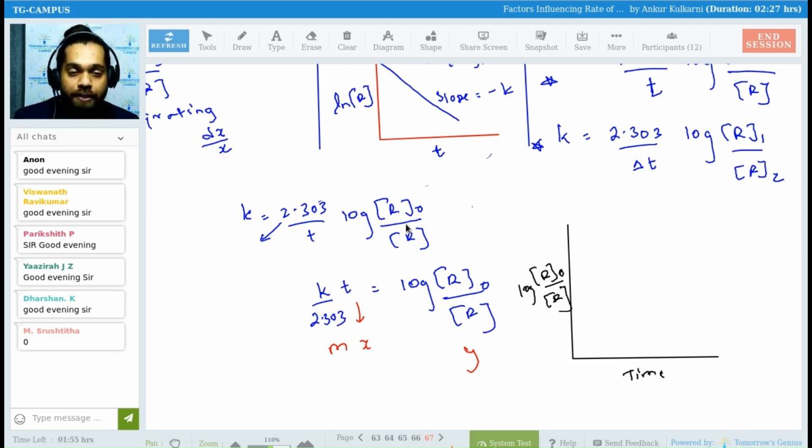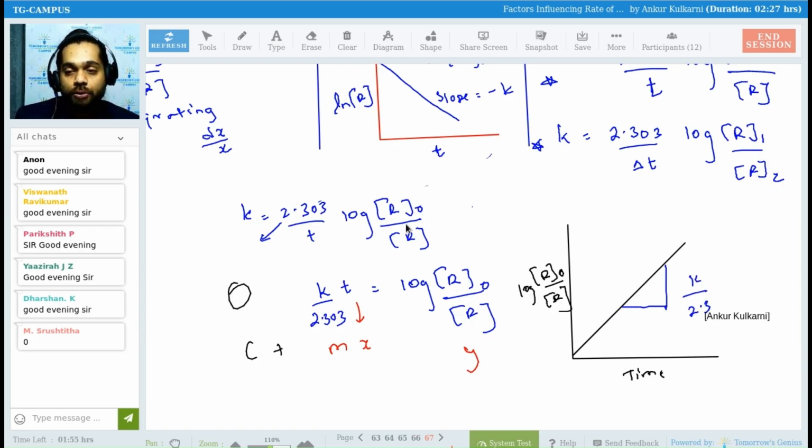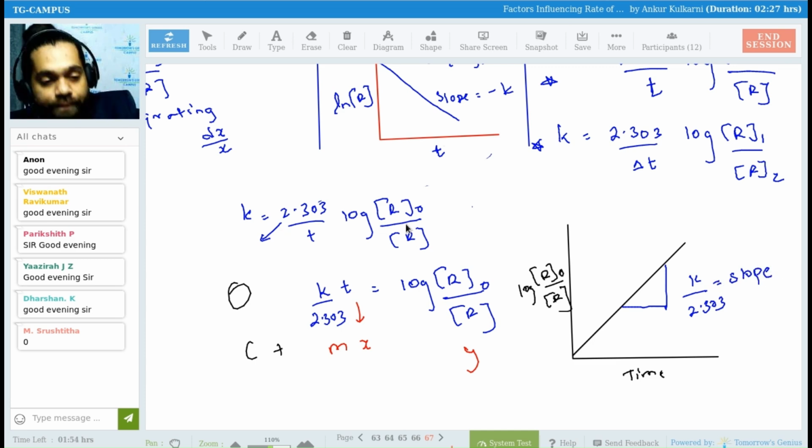You do not have any intercept, that means it will start from 0. This is the graph, and this is my slope. Slope is K over 2.303.